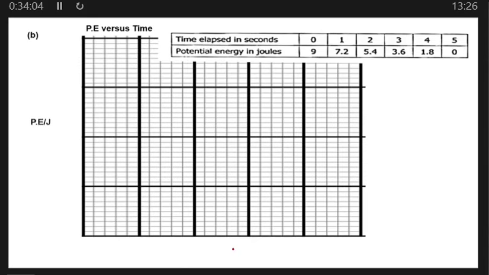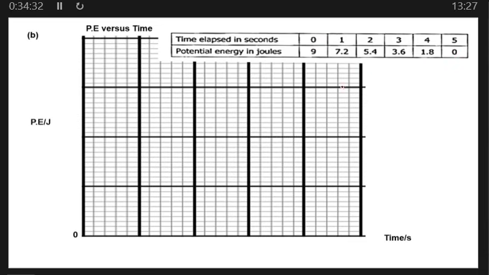Then our horizontal axis will be time in seconds. Then we must make sure that the values we put on our axis, the axis can start with 0 or some other values. But here, since we are beginning from 0 for time, we'll begin from 0, and also for energy we'll have 0.